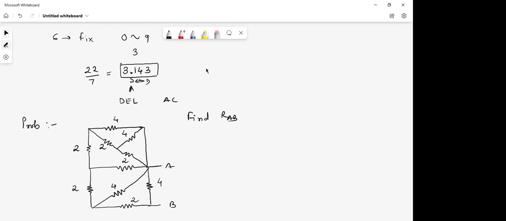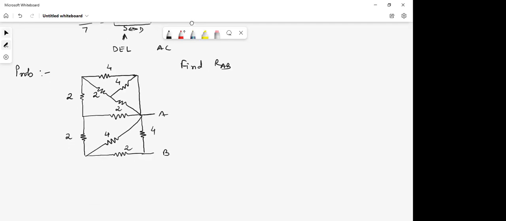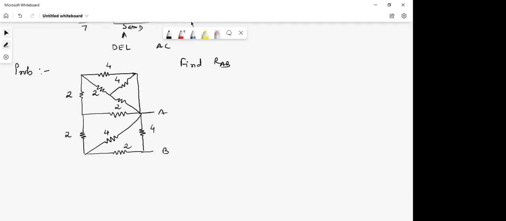Draw this circuit. Now see, I told you, whenever any simplification is required, it is done using series and parallel networks only. So we start by asking the first question: is there anything in series?